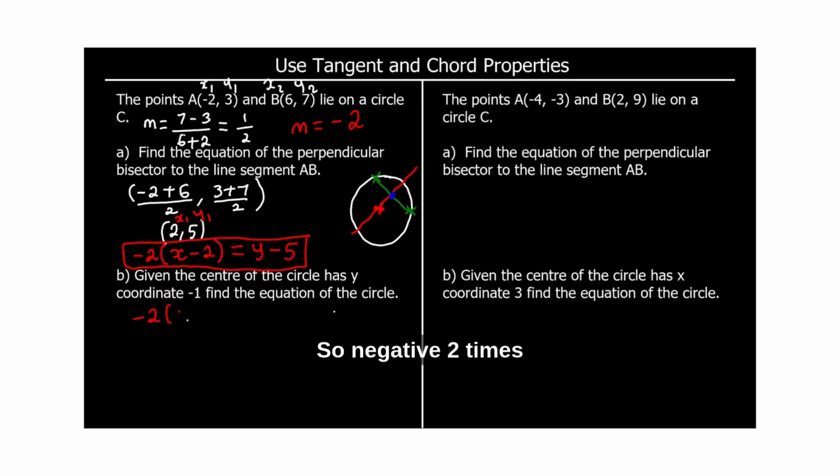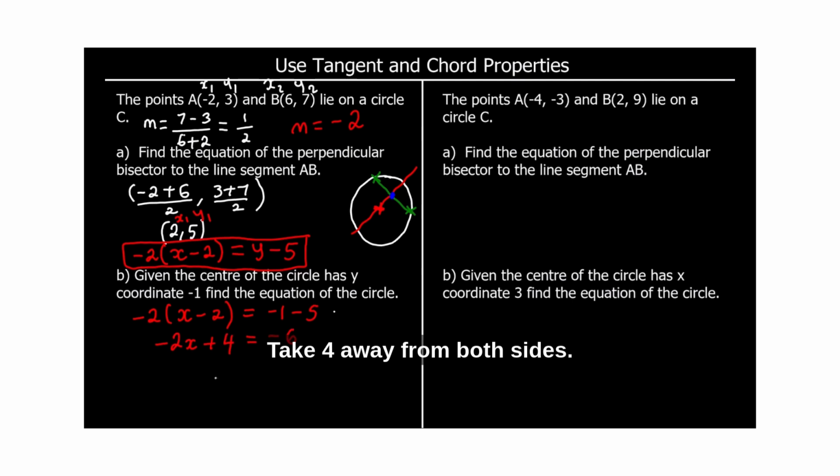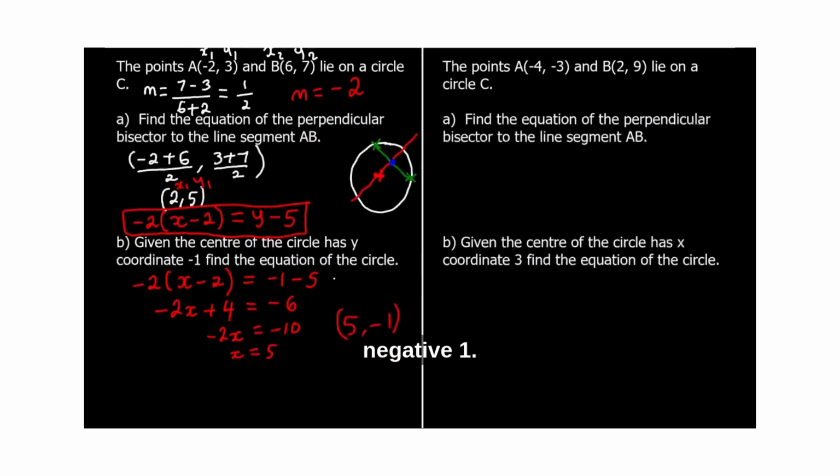So -2 times x minus 2 equals, so y is -1, -1 minus 5. So -2x plus 4 equals -6. Take 4 away from both sides. So -2x is -10. X must be 5. So the center is at 5, -1.